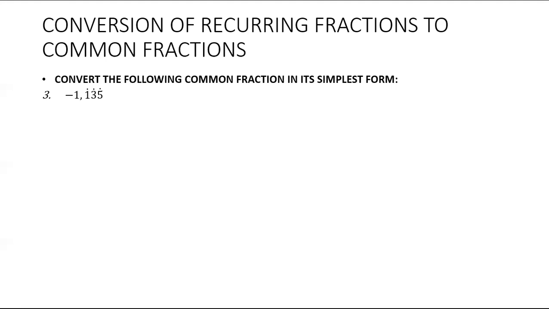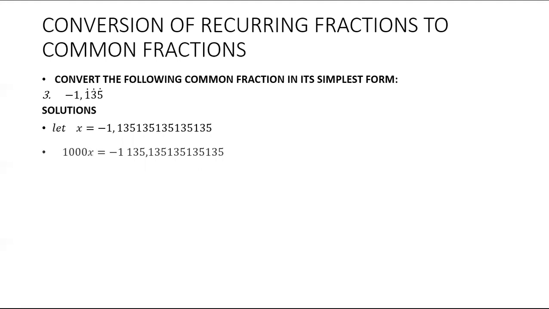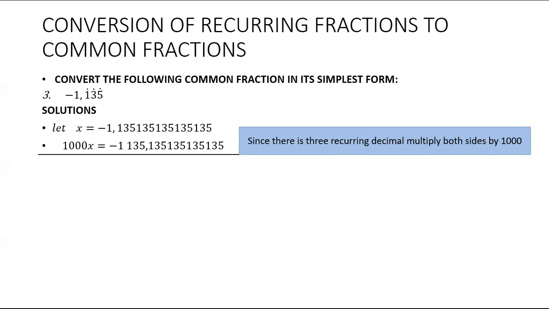And then because there are three non-recurring decimals, you will multiply both sides by 1,000. Just like we have done, you're going to take equation 2 minus equation 1. 1,000x minus 1x will give you 999x.